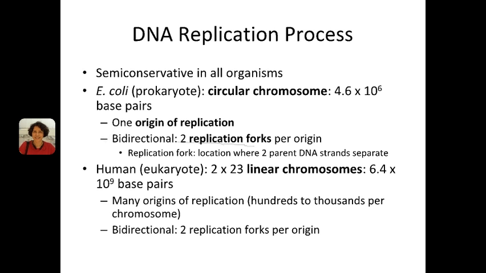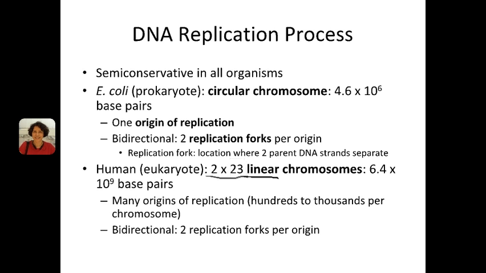Compare that with an organism such as the human, a eukaryotic organism, and we have not one chromosome, we have 23 different kinds of chromosomes, and we have two copies of each chromosome, so we have actually 46 chromosomes in each of our cells, and those chromosomes are not circular but linear.